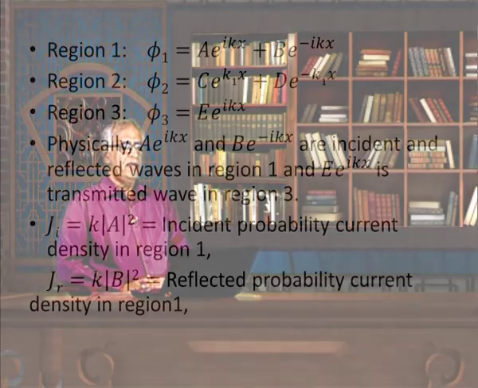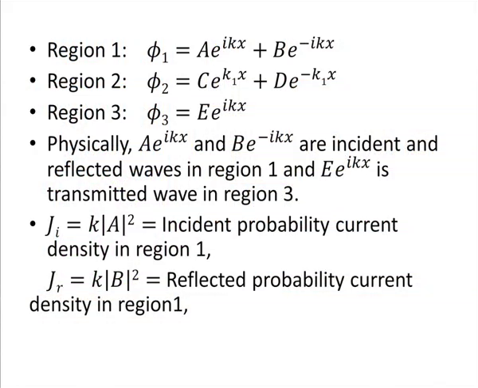Now, we go about and try to find the solutions of these equations, and we note that in region 1, region 2 and region 3 we write the solutions phi 1, phi 2, phi 3 as you see on the top three lines. You notice that physically A times e to the power i k x and B times e to the power minus i k x are incident and reflected waves in region 1, and capital E times e to the power i k x is the transmitted wave in region 3.